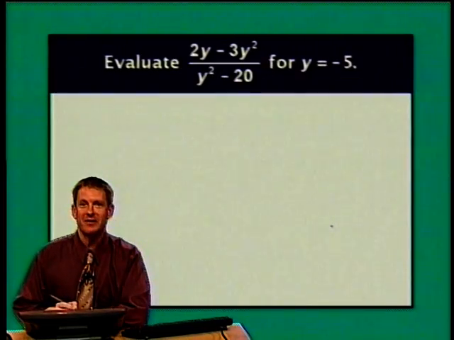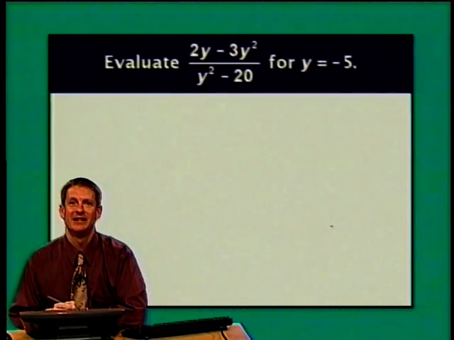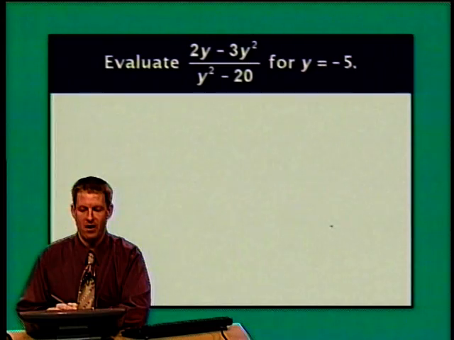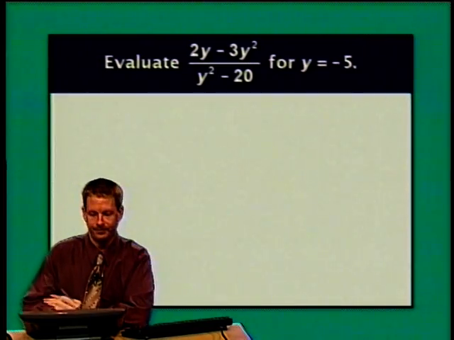This one's a little complicated. Let's work through it. Let's evaluate the fraction 2y minus 3y squared over y squared minus 20 for y equals negative 5.